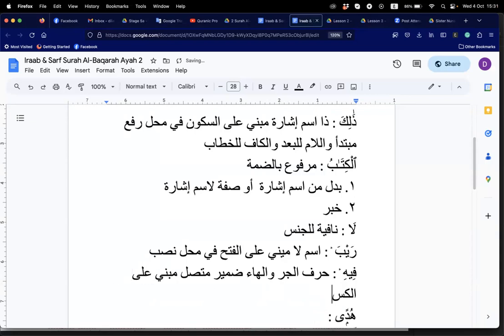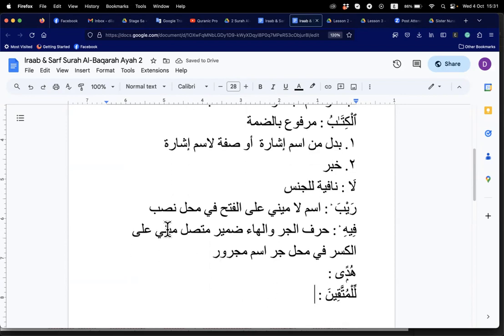And then fi mahalli, what's the status? Fi mahalli jar, right? Yes, because it's a majrur. But we already said mabni ala al-kasr, right? Yes. So mabni ala kasr means that it's fixed on the kasr. It's always going to be fihi, not fihu, for example.